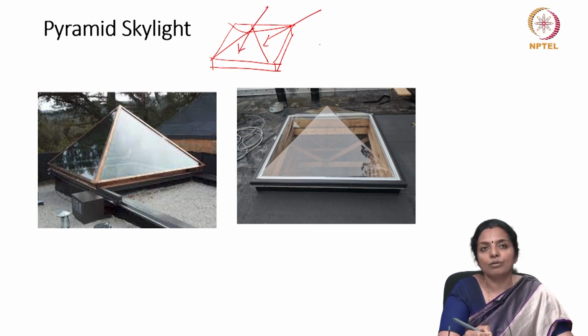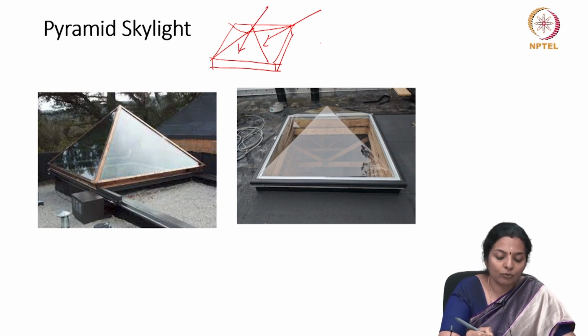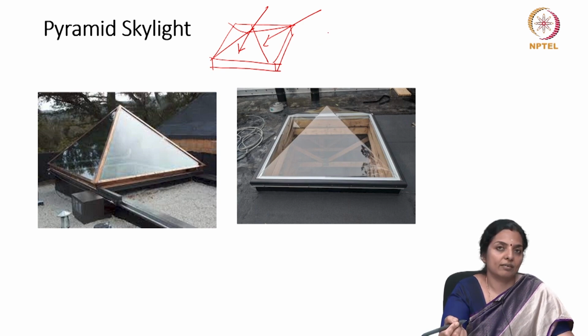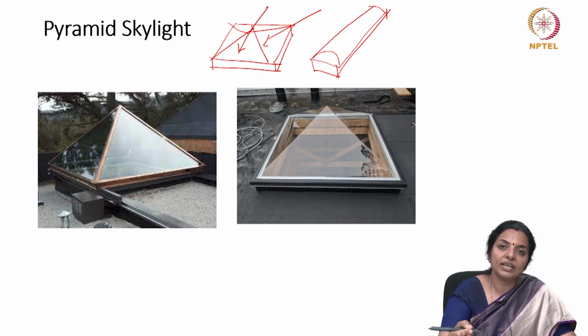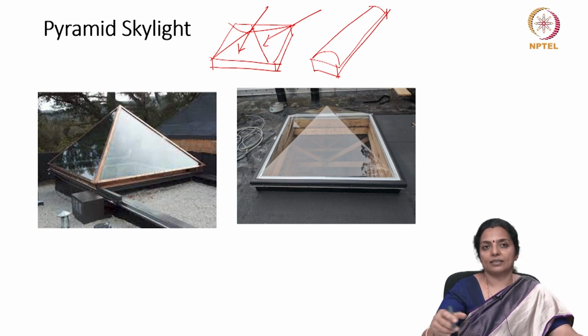This is also more appropriate for commercial areas, but it can be used in residential areas because it is not too big, unlike the barrel vault, which is linear, and therefore occupies more space on the terrace, unlike the pyramidal skylight, which does not occupy so much space on the terrace.